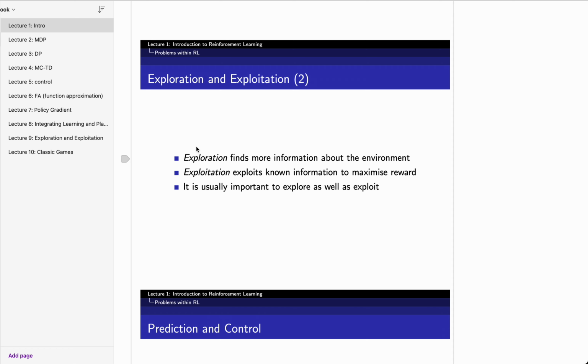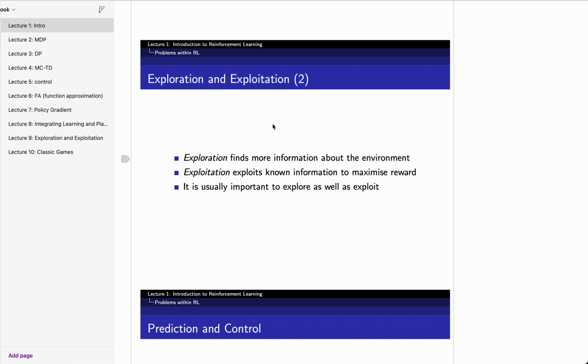And then lastly is exploration and exploitation. Exploration is finding more information about the environment, like you're wandering in a maze. You want to know how big the maze is, how many closed or open walls it has.